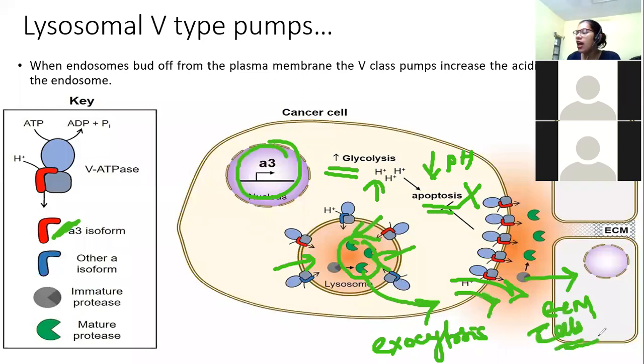Okay, so this is how tumor cells make space for themselves and the nutrients available. So even if you don't feed the tumor cells with the nutrients, it will start killing the other cells, and when the other cells die, all the nutrients will be taken up by the cancer cell. Okay, is it clear?